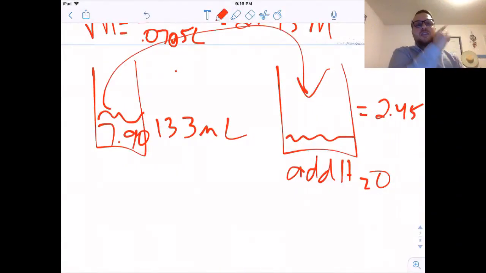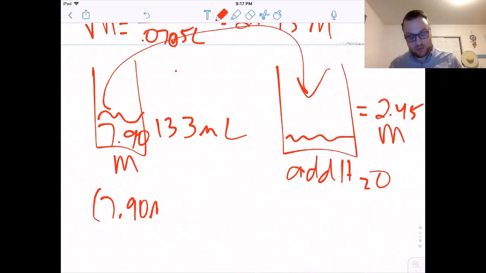And if I look at these numbers right here, that looks awfully like something I can plug into an M1V1 equation. So I am given 7.9 molar M1. I am given 133 milliliters V1. I would like that to be 2.45 molar.